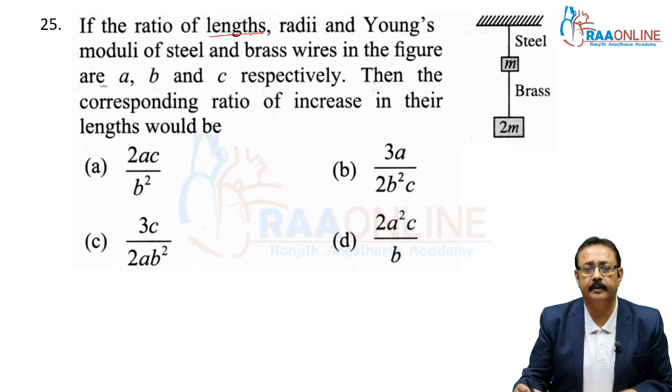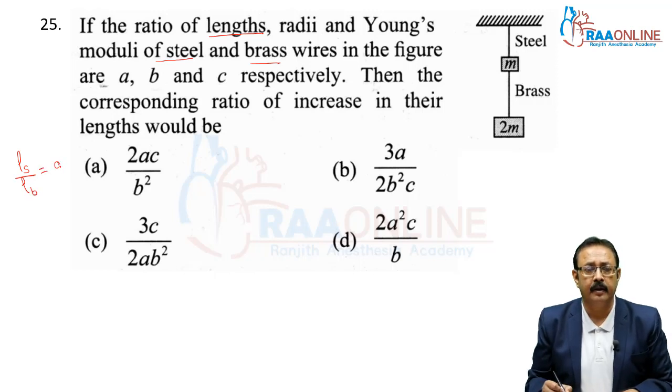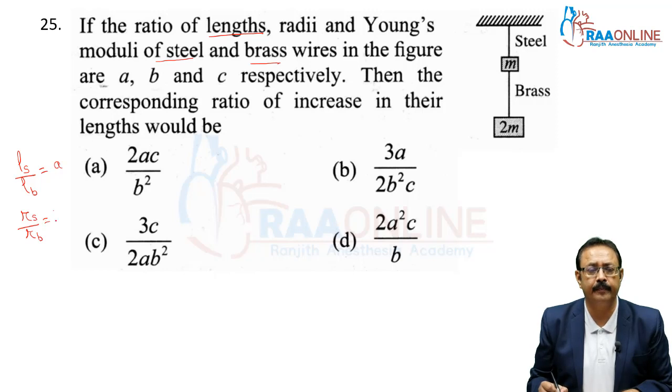The ratio of length of steel and length of brass is A. Radius of steel upon radius of brass is B. Young's modulus of steel upon Young's modulus of brass is C.